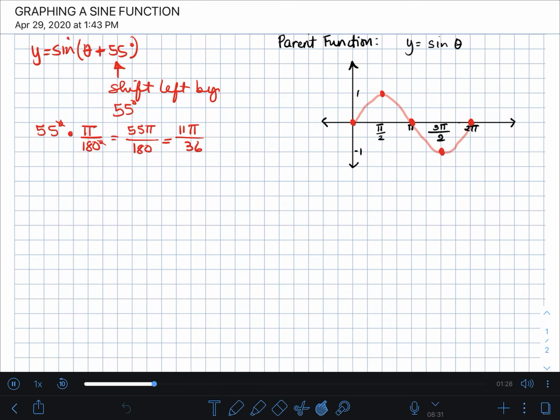Now, as I said earlier, I'm going to show you another way of graphing where we will not have our pi's anymore, because we will evaluate every value of our x coordinate. So let's start with pi over 2.